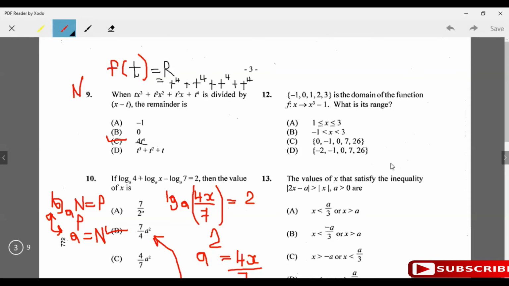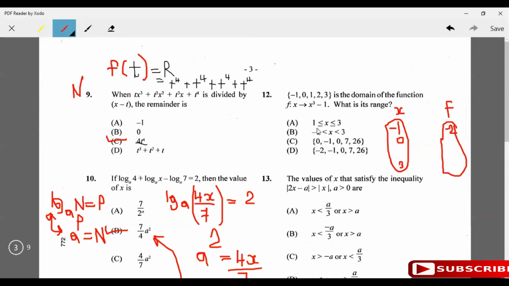So what I'd like you to do is this is the mapping diagram, right? We are used to the mapping diagram from C6. So you write x, and then the range diagram, which is f, or some people write f of x. So put your mapping diagram, and the domain they give you is -1, 0, continue all the way down to 3. When x is -1, you put it into the function. -1 cubed is -1, minus 1, that gives you -2.